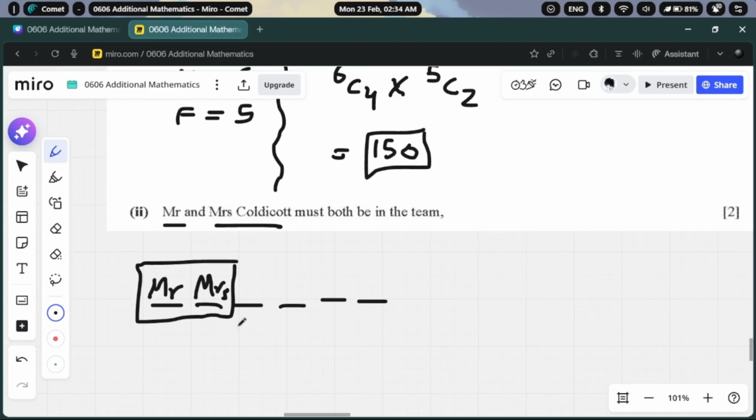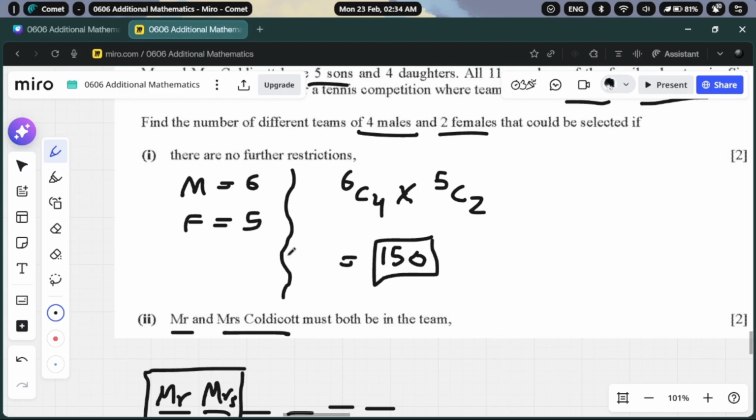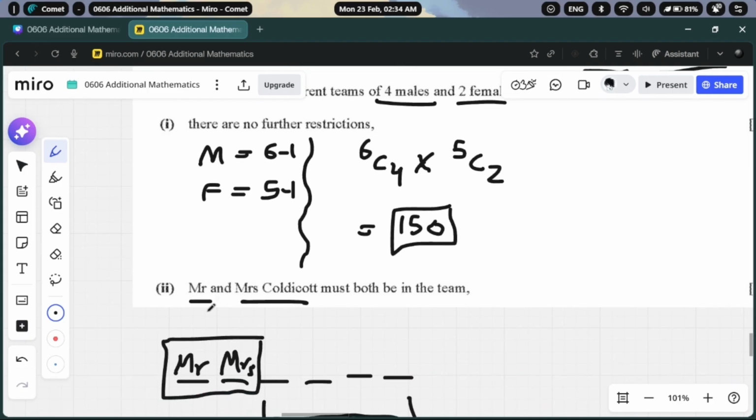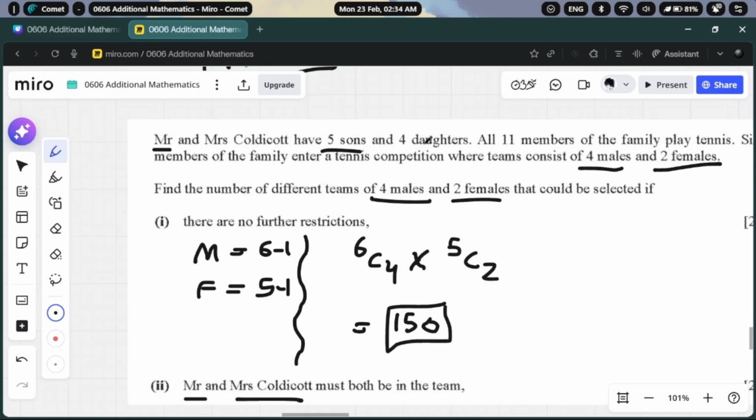So you're left with 4 more people to choose from out of 6 minus 1 and 5 minus 1, because there is one Mr. and there is one Mrs. So in total there are 5 males remaining and 4 daughters.